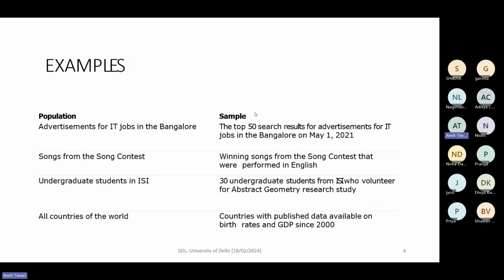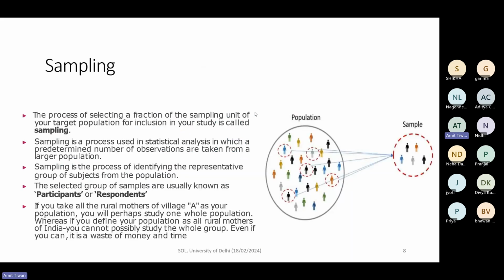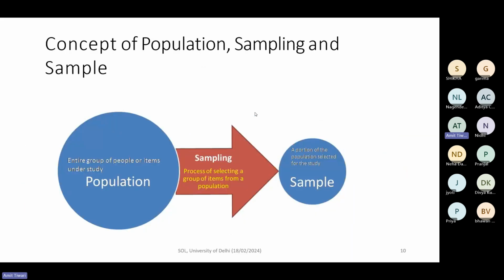The gist of these slides is this. A population includes the entire group of people or items under study. As I told in the example of a country, suppose you have to study some economic or sociological aspect, or want to study the user behavior of entire library science schools in India.